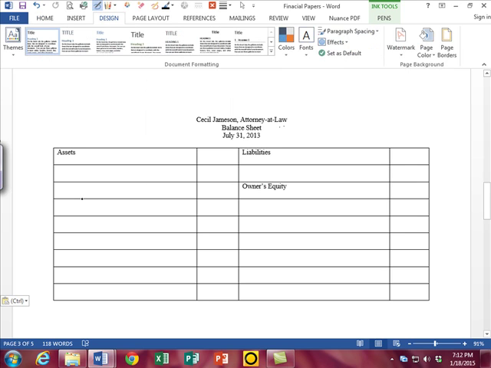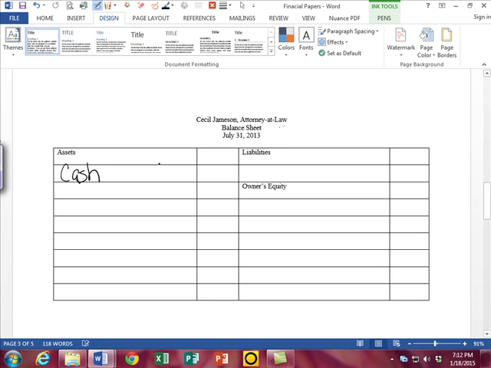Okay, so if you look on page 26, you will see the accounts again listed that we've been using to build the financial statements. And the first thing we want to do is get all of the assets and list them out. Now, I would like for you to recall that assets are listed in order of liquidity, meaning how quickly I can turn these assets to cash. So our most liquid asset is always going to be cash.